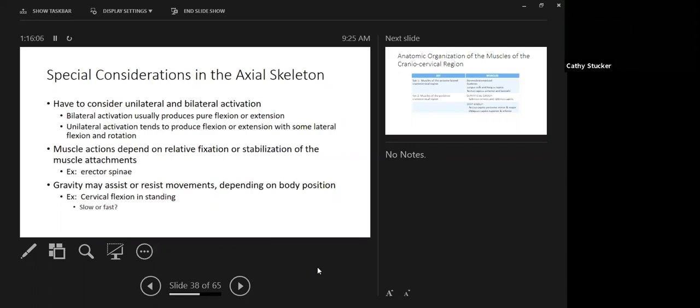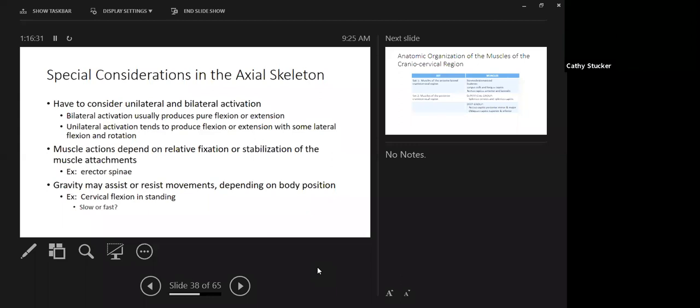My rectus femoris, my iliopsoas, my glutes are all activating to make me move forward. If my spine, if my pelvis didn't stay stable and my abdominal muscles weren't holding me stable, I'd be kind of walking like this, right? That sort of thing. I've got to have a stable pelvis for my legs to function off of.